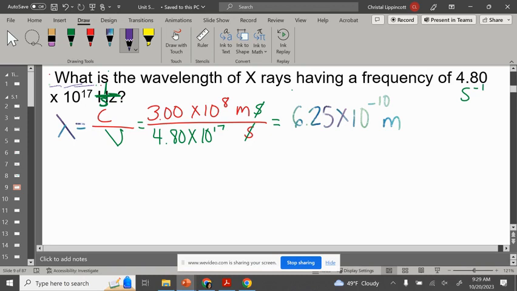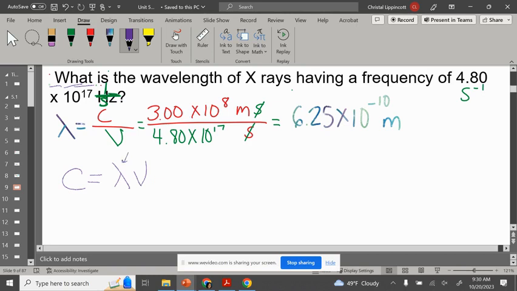So in example 2, how did you know that you were supposed to divide by frequency? The frequency is in the denominator. Why is that? Your equation has the speed of light and frequency, and it solves for wavelength.